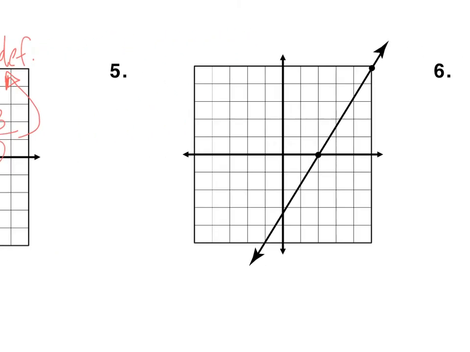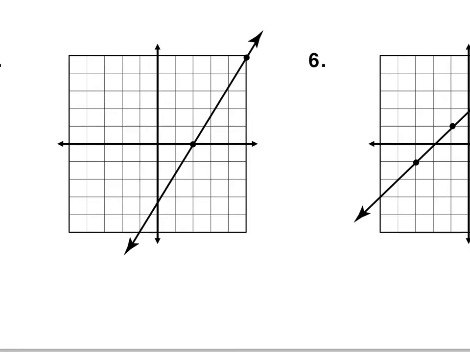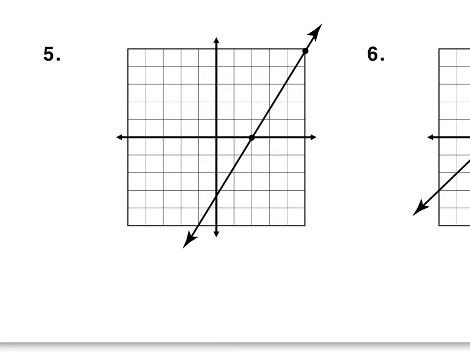Let's check out what we got going on here in number 5. There we go. Again, points have already been picked for us. If we look closely, there's not too many points that I can use on here. The only other point, see if you can figure it out, there's only one other point that I could put on this line and use that to figure out slope, and that's this point all the way down here.